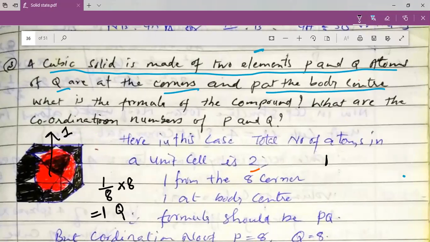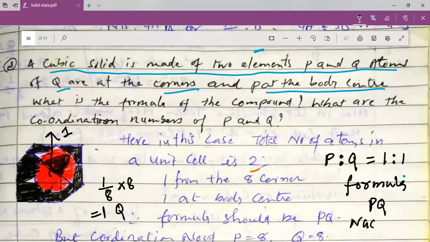So if we take the ratio, P is to Q is equal to 1 is to 1, and that is why we can write the formula PQ, like NaCl, HCl, or KCl. It is PQ formula, that is what we can understand for this particular compound.